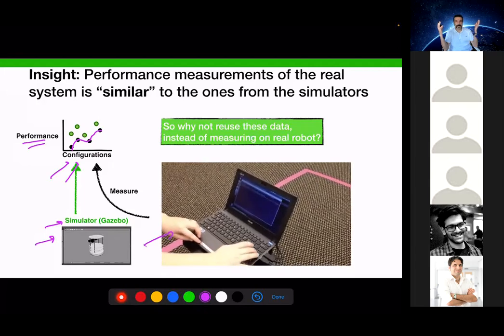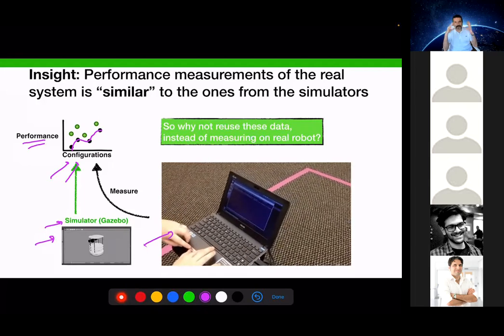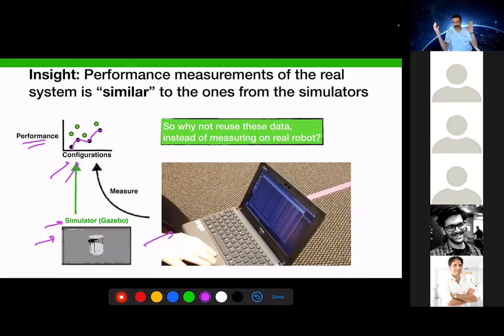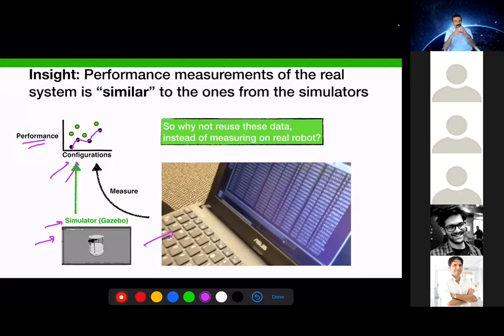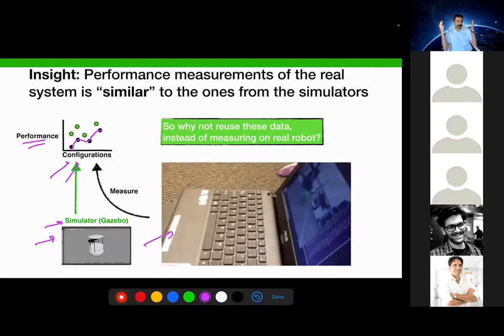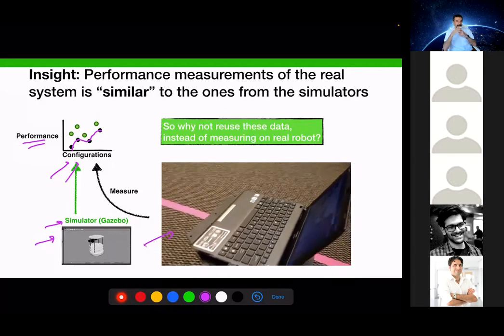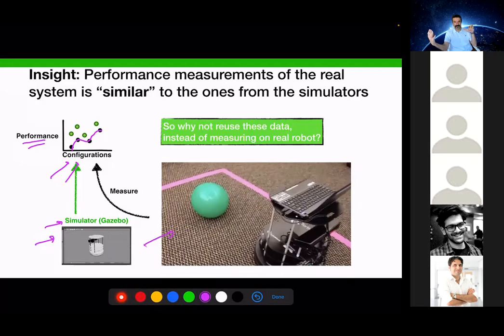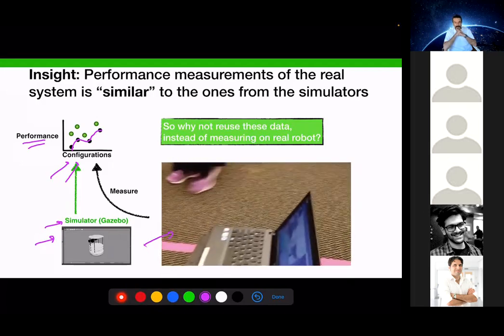Imagine a chemical system, right? For a chemical system, you have simulators in the sense of PDEs, so you can get the physical characteristics of your material by running an analysis based on the PDE model and get the measurement without even creating such material.